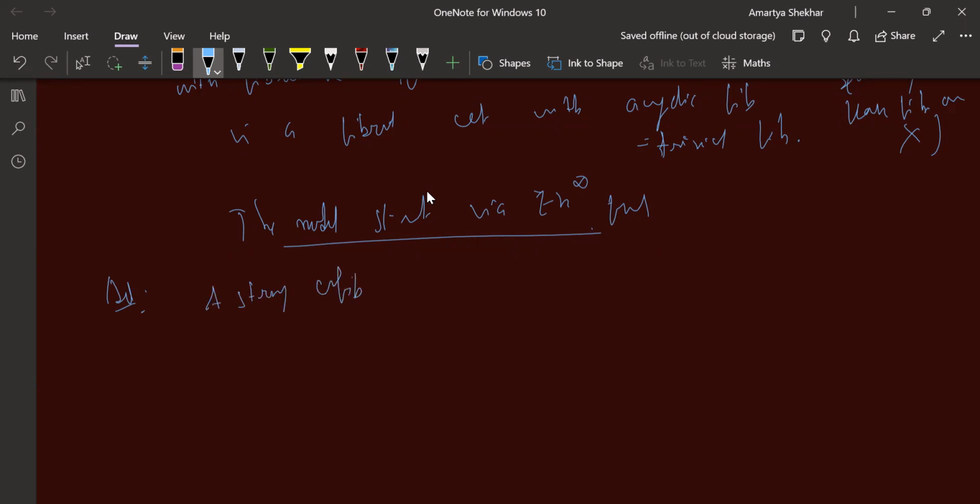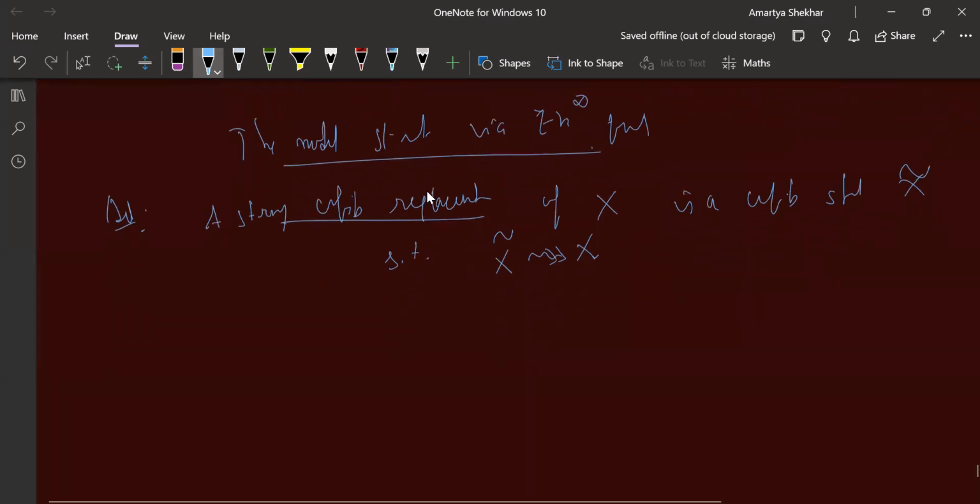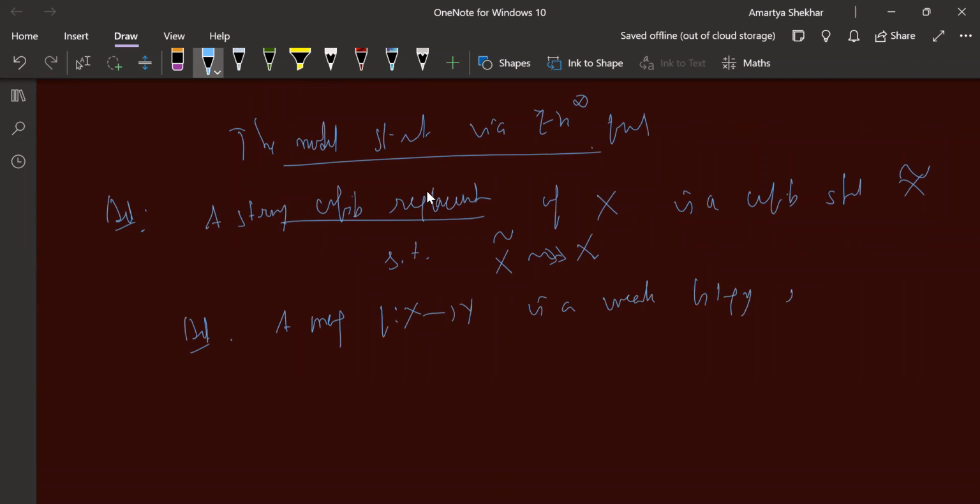A strong cofibrant replacement of a simplicial set X is a cofibrant simplicial set X tilde such that you have a trivial fibration. The weak equivalences are the weak homotopy equivalences, and there are 4 cases.